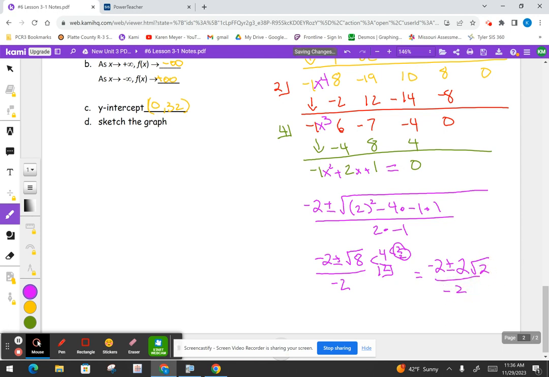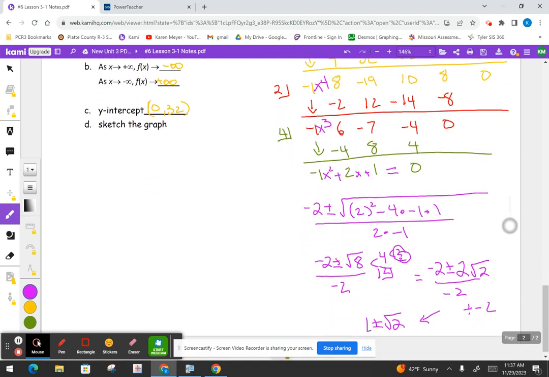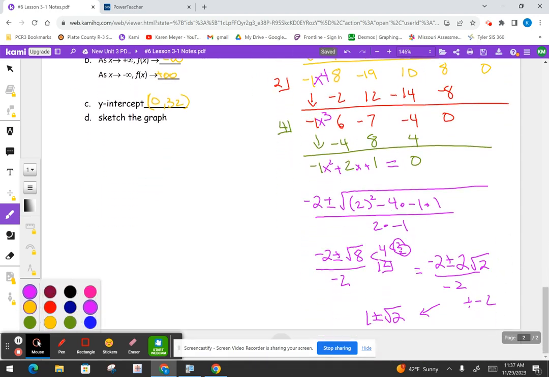Then I get to reduce. So then I get to come back up here and say it's 1 plus or minus the square root of 2. But now for me to actually be able to graph these, I'm going to go ahead and work this out on my calculator and get a decimal.